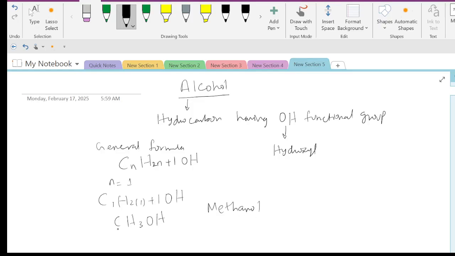Because it consists of one carbon, that's why it is meth, and enol means that it is ending with the hydroxyl, that is OH. So where meth is actually the prefix and enol is actually the suffix, that is representing the functional group as hydroxyl.